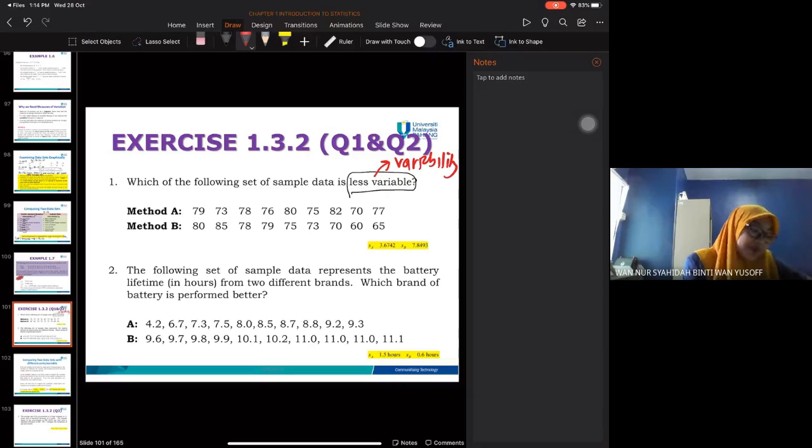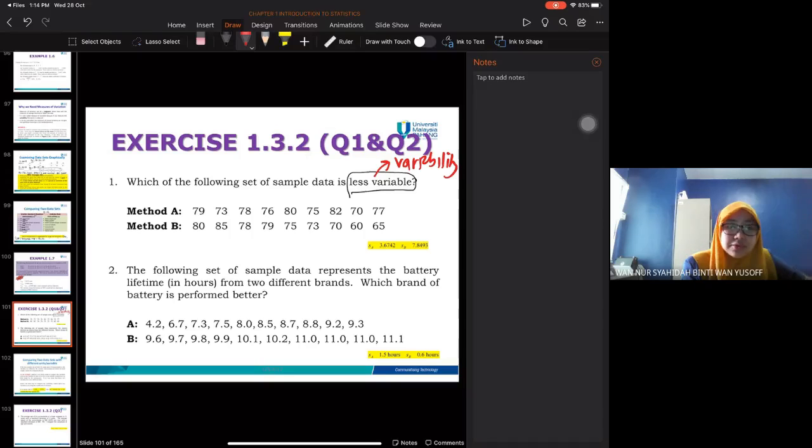It is not because this exercise is under the measure of variation, then you just calculate the variability. No, cannot be like that. You have to understand why for this question we have to calculate the variability to answer it. Because when we go to the assessment, it will not mention which subtopic the question is from.